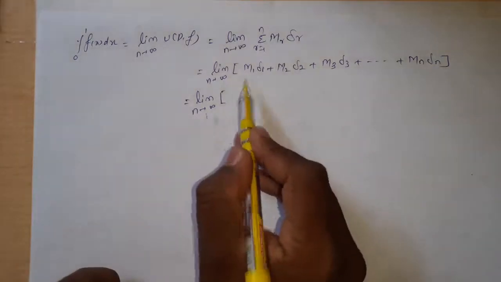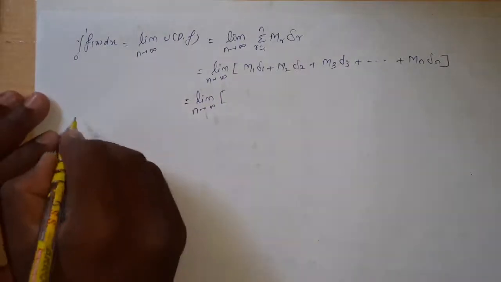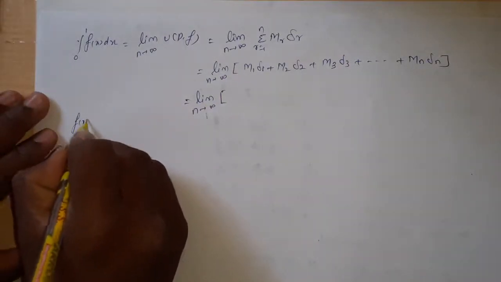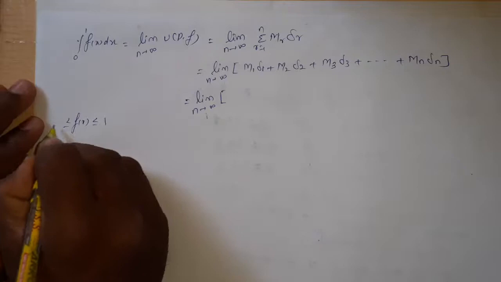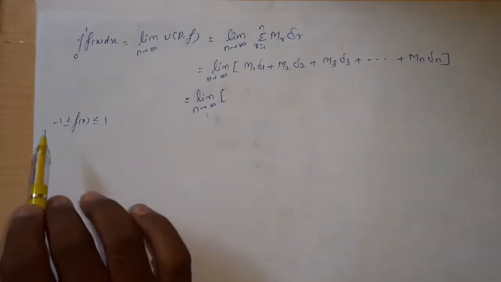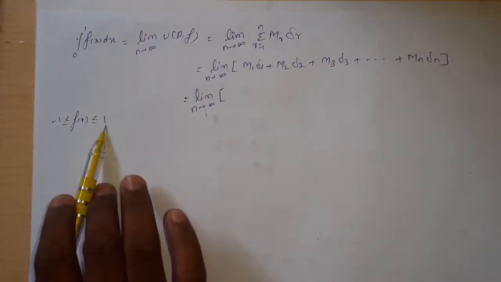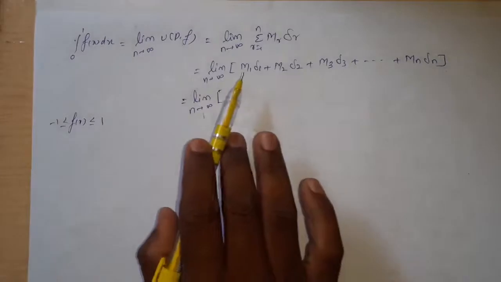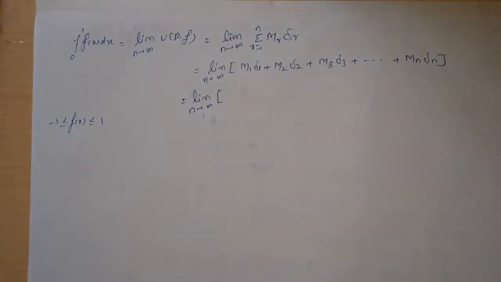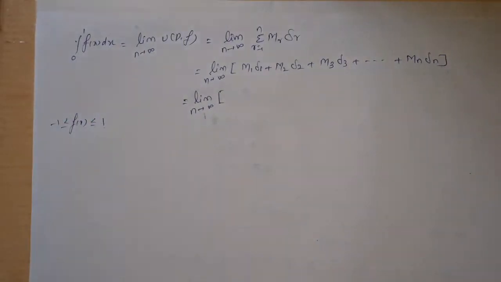Now, we know that the function f of x lies between 1 and minus 1, right. It means the minimum value of f of x is minus 1 and the maximum value of f of x is 1. So, independent of x, these two are the maximum and minimum values.